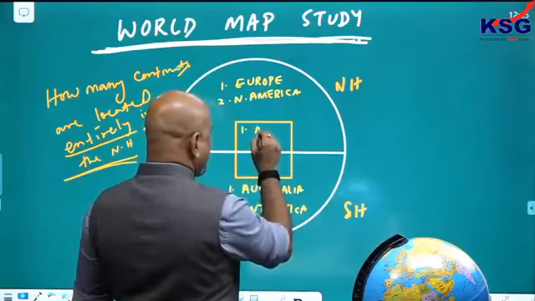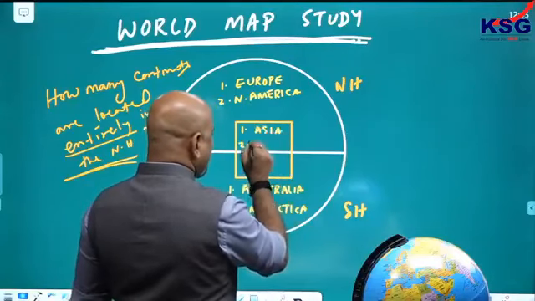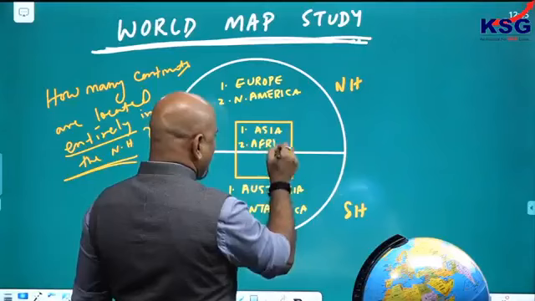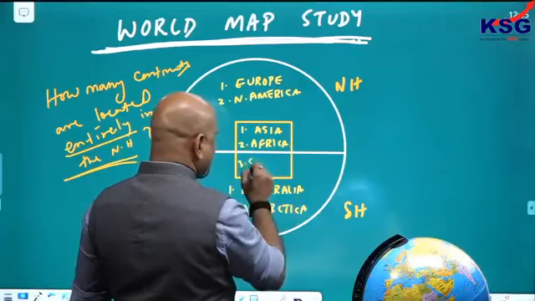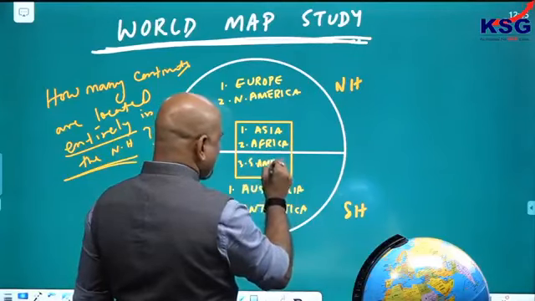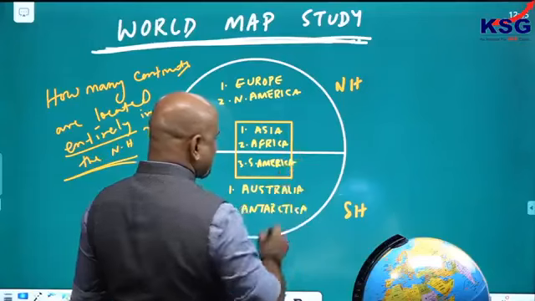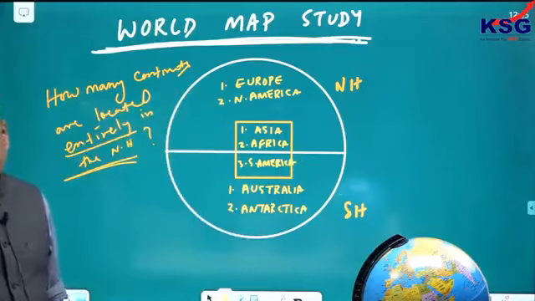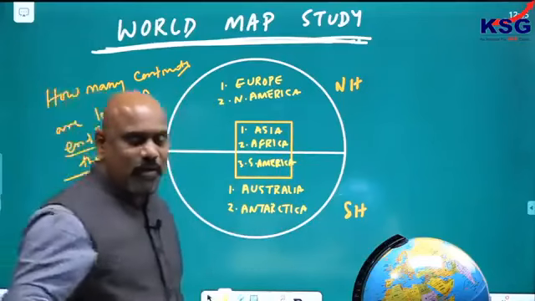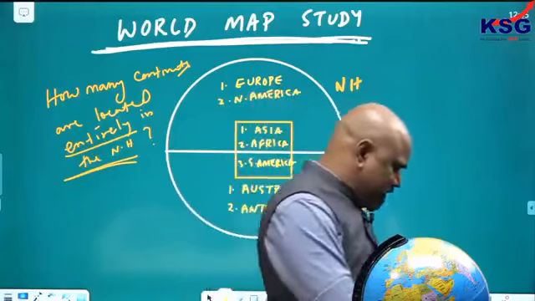One is Asia, second is Africa, and third one is South America. These continents are in both the hemispheres. Can you just check it out? You saw how wrong you have been?